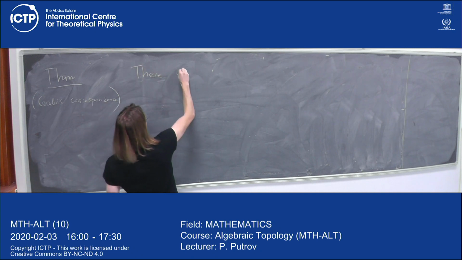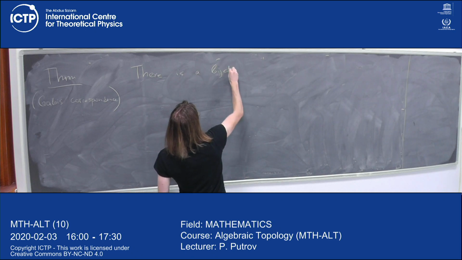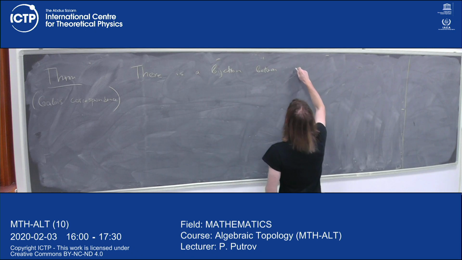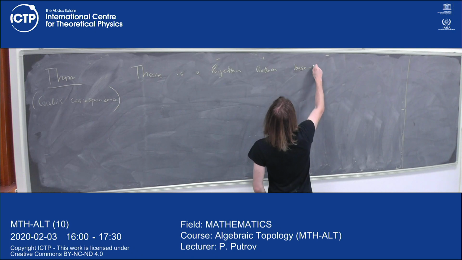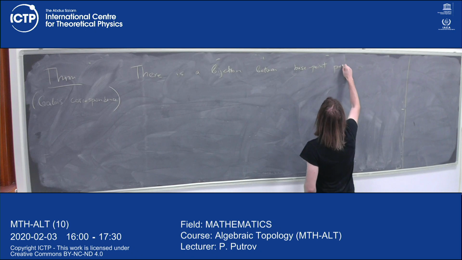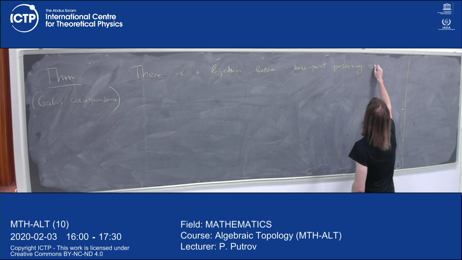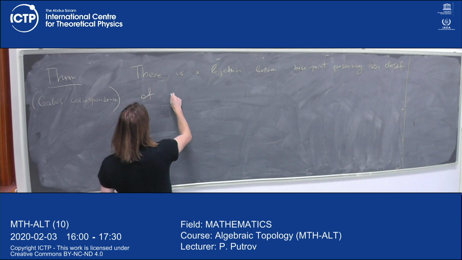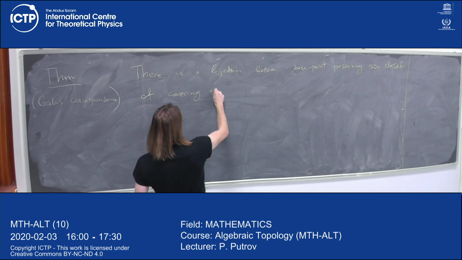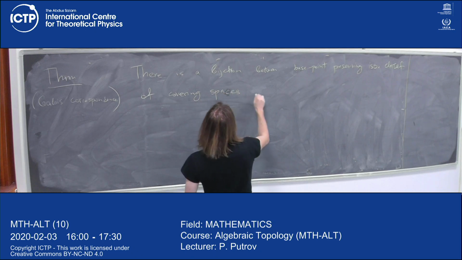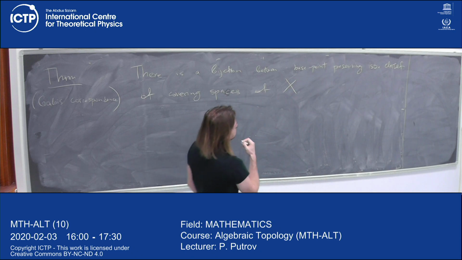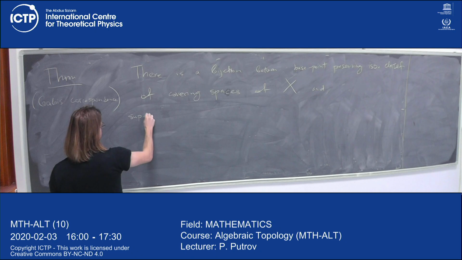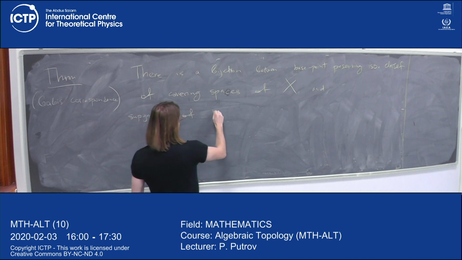That means there is a one-to-one correspondence between base point preserving isomorphism classes of covering spaces of X, and subgroups of pi_1 of X.